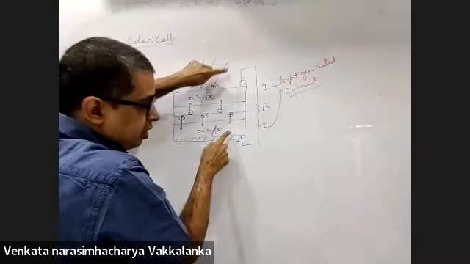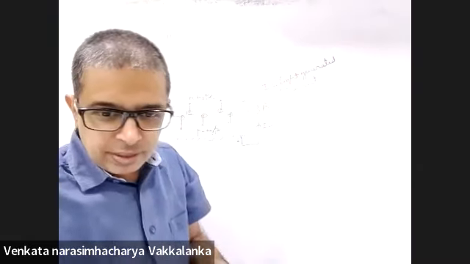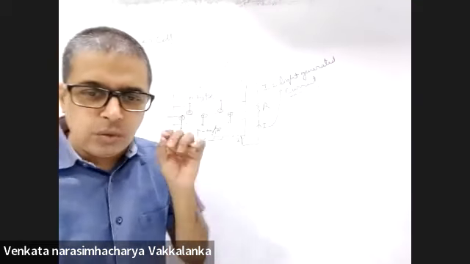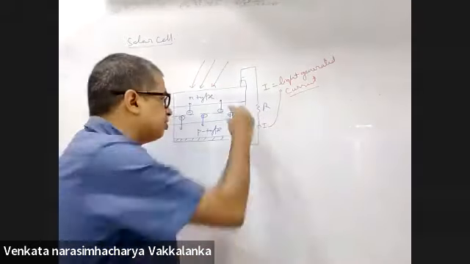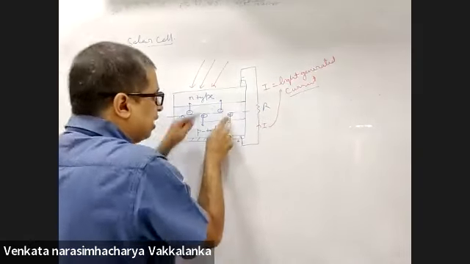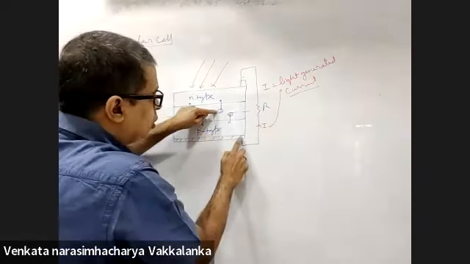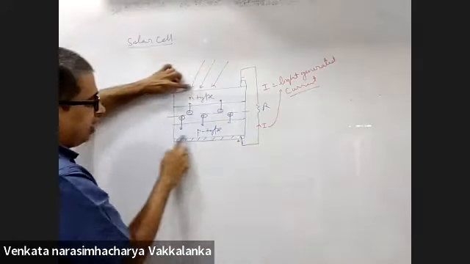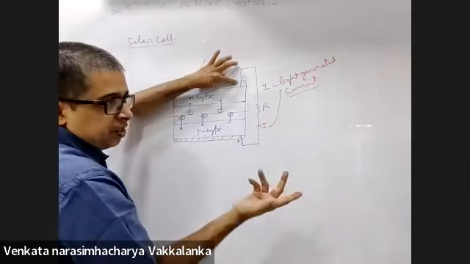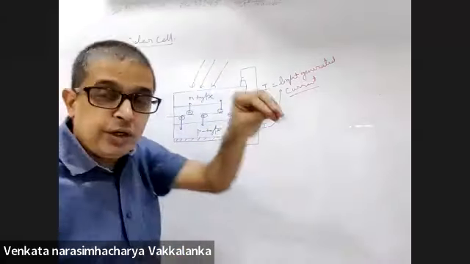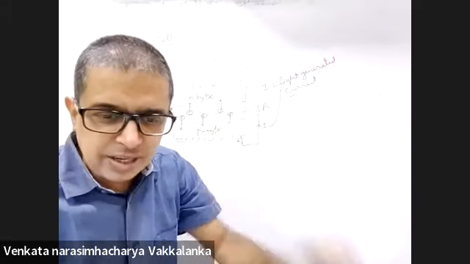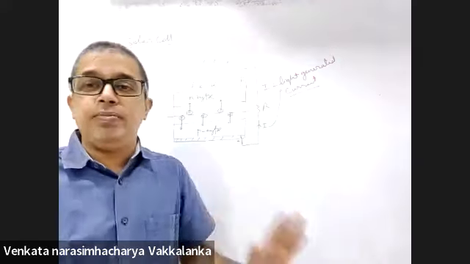The separation is possible due to the intrinsic electric field of the depletion layer. You should separate them, accumulate positive here and negative here, right? That is what happens for a solar cell.